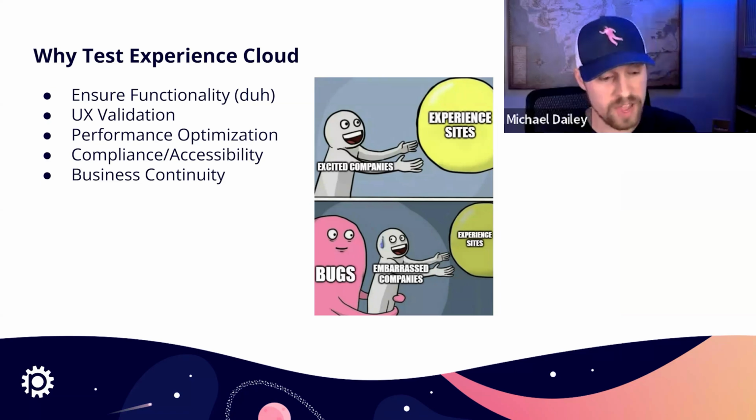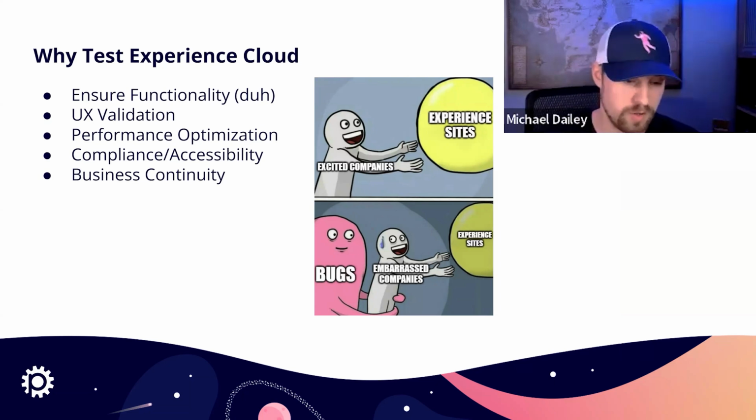But really, at the end of the day, if your experience site is an external facing, customer facing website, and they're using it as part of your product or your offering, onboarding process or checkout process or anything like that, then it is very, very important that they're able to perform the login process, whatever processes they need to perform to basically use your product. So anything that's broken or poorly functioning from the Experience Cloud site can harm not only your revenue, but also the organization's reputation, which can have large ramifications down the road.